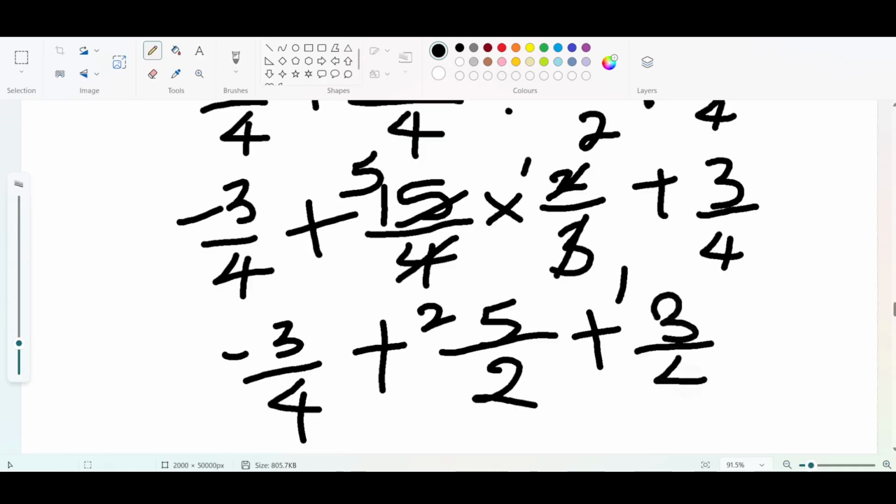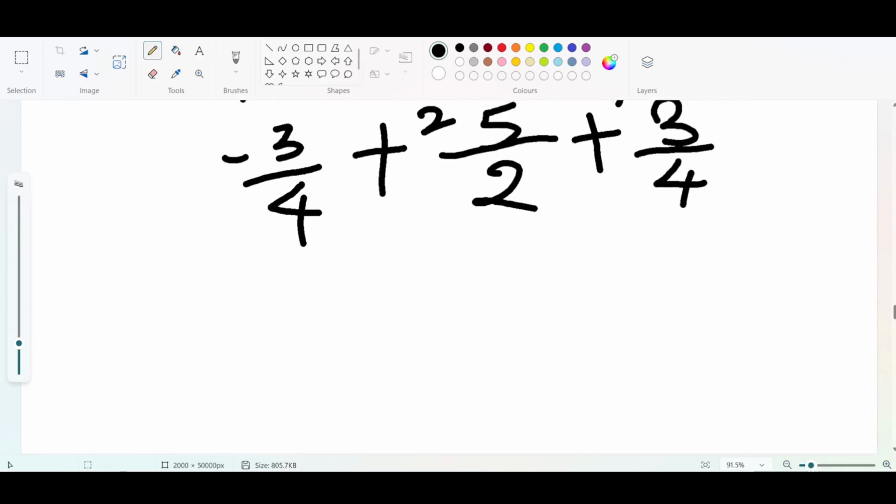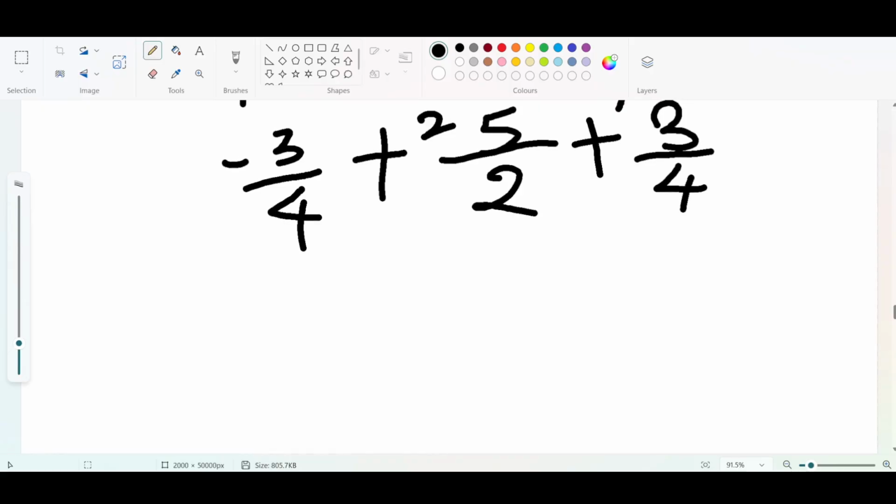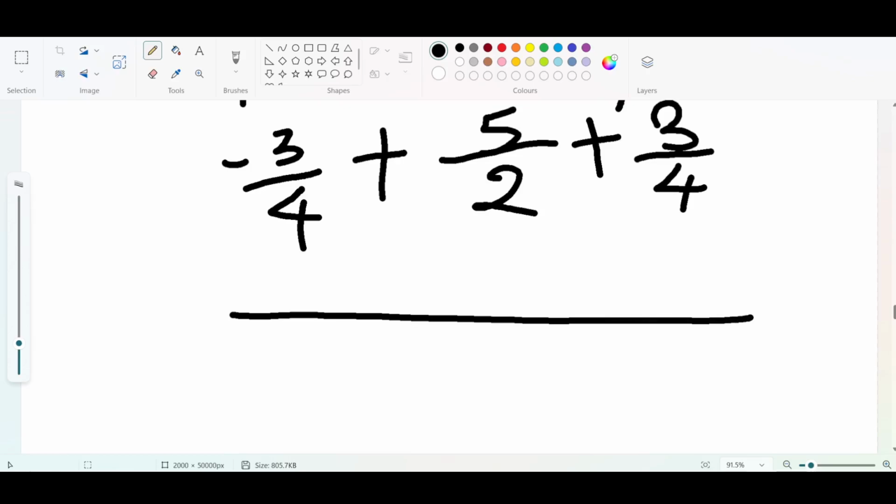all over 4. At this point, what's the LCM of 4, 2, and 4? The LCM of 4, 2, and 4 is going to be 4. Because 2 in 2 is 1, 2 in 4 is 2.